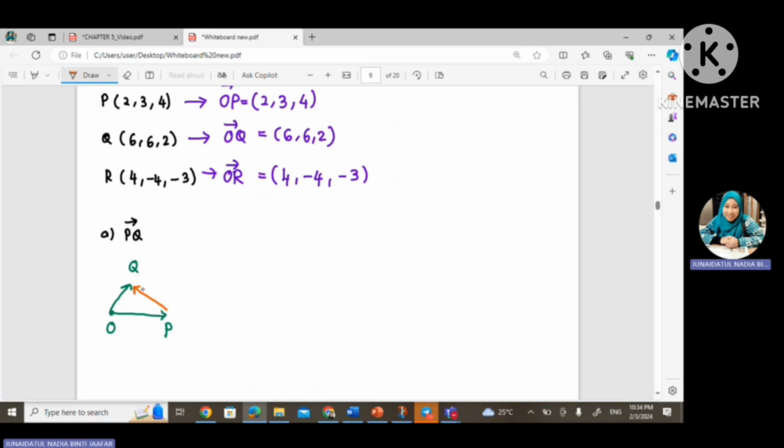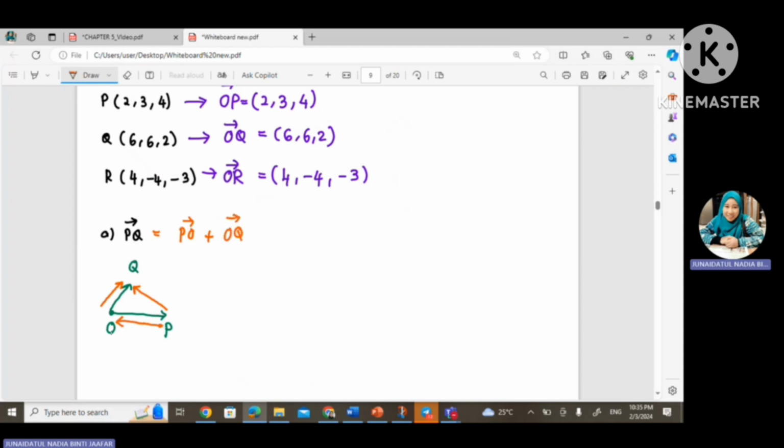The shortcut way is P to Q. The long way to get from P to Q is to start from P, go to O, and then continue by adding O to Q.